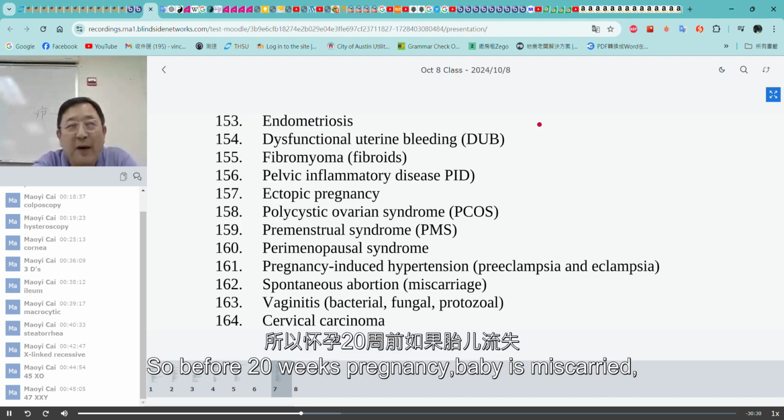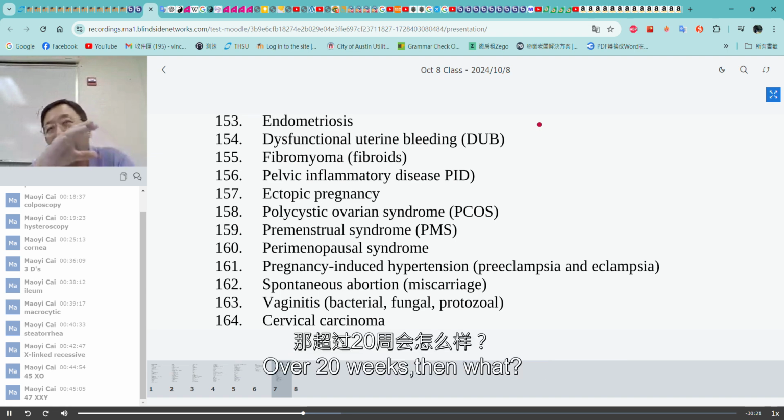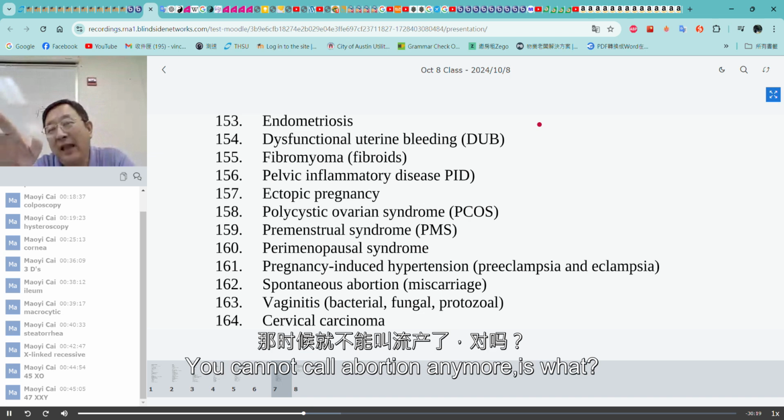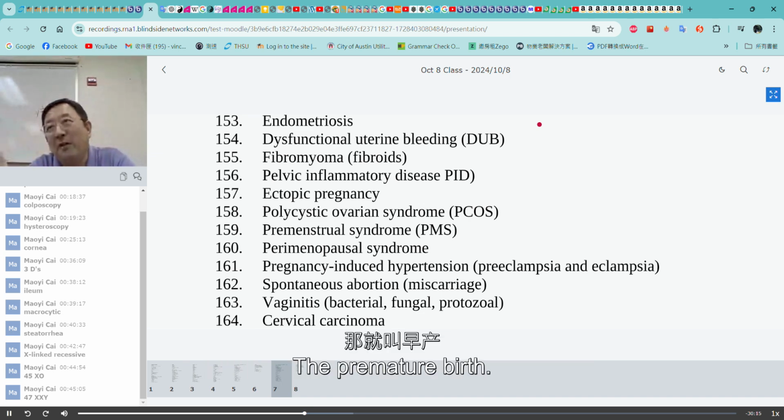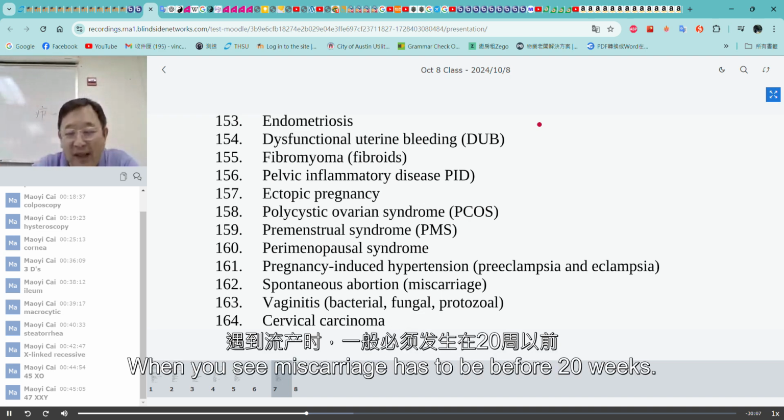So if before 20 weeks of pregnancy the baby is miscarried, aborted, that's abortion, miscarriage. Over 20 weeks, then what? You cannot call it abortion anymore. It is premature birth. Yeah, premature birth. So that's the difference you see there. Miscarriage has to be before 20 weeks.